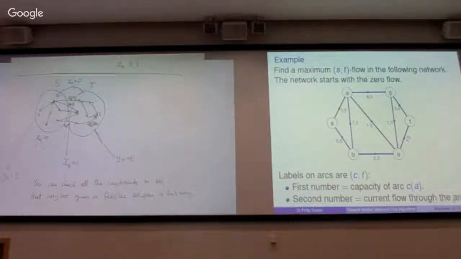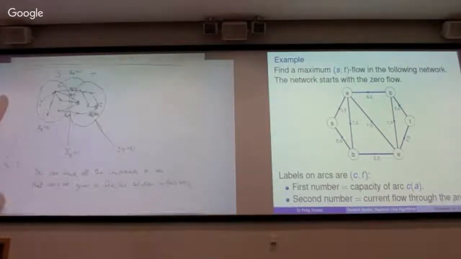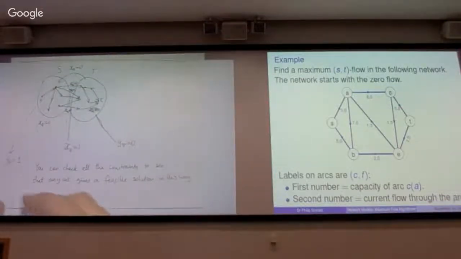And then there's something that's a little bit harder to do, but it's not really hard either, which is that it can also be proved that a basic feasible solution will look like this.